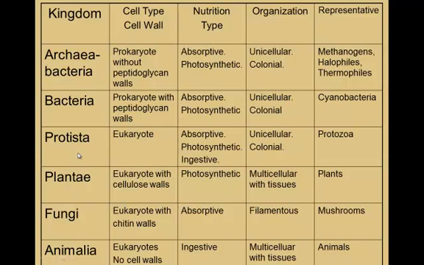The fourth group of organisms that are included in domain Eukarya include what we will call here kingdom Protista. Now we know kingdom Protista is actually an artificial designation, and the criterion for being listed as a member of kingdom Protista is that an organism is eukaryotic and is not a plant, a fungus, or an animal.